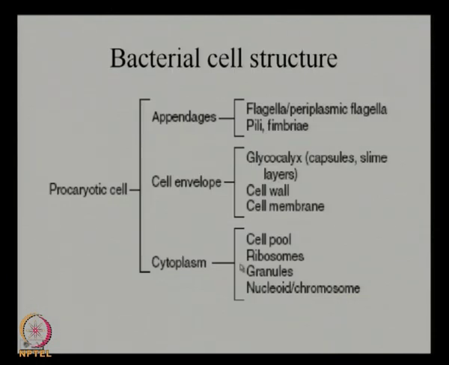If we see the internal fluid, we can find that it has cell pool, ribosomes, granules and the nucleoid or the chromosome, that is the genetic material present inside the bacteria.